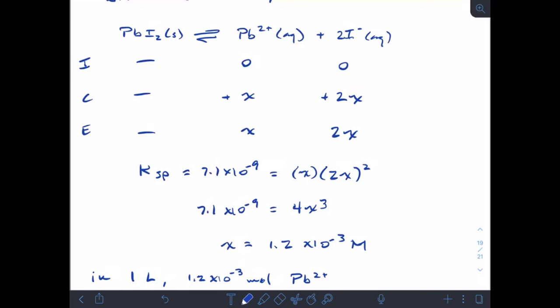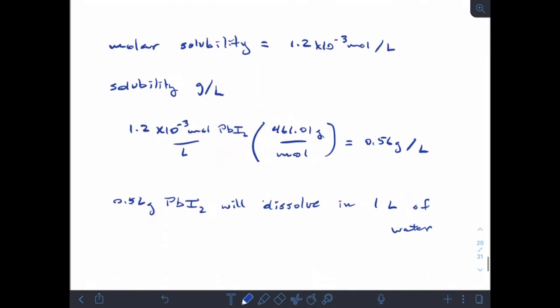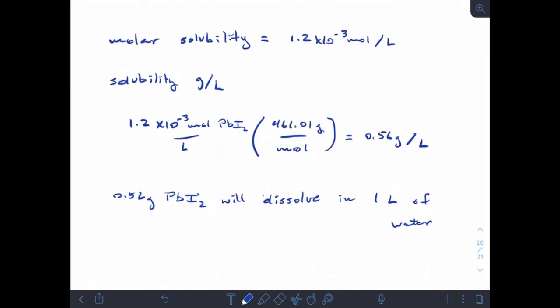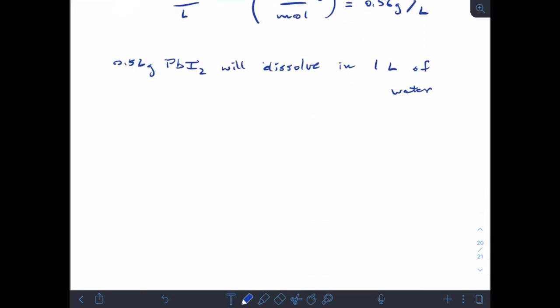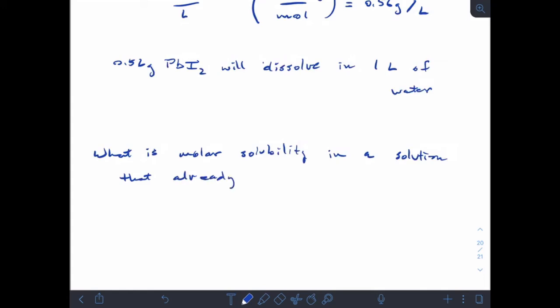So let's take a look at another scenario, right? So we know that our molar solubility for lead iodide is 1.2 times 10 to the minus 3. So the next question is, what is the molar solubility in a solution that already has some stuff in it?